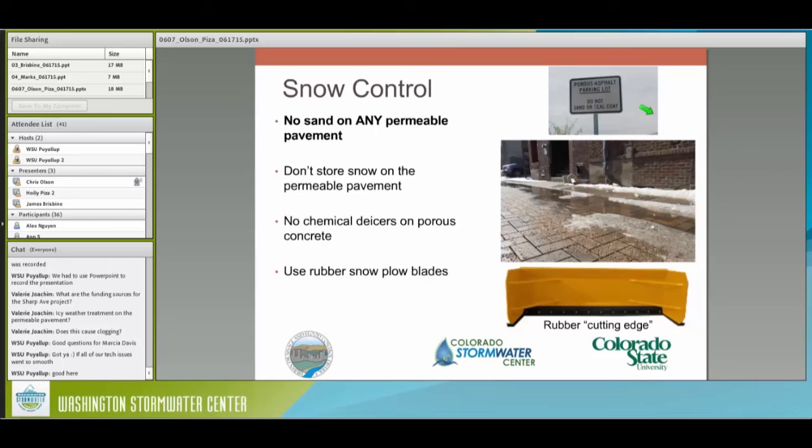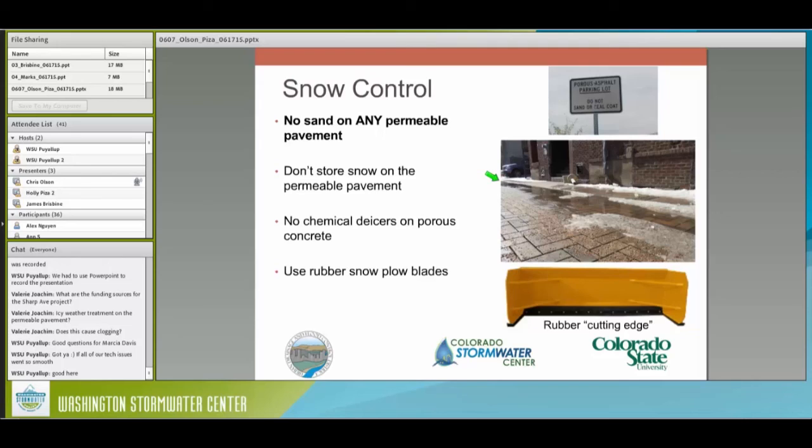This middle picture here was a PICP installation that was brand new, less than a year old. You can see evidence of sanding, and then you can also see evidence of standing water. This is a perfect example of why we don't want to sand permeable pavement.